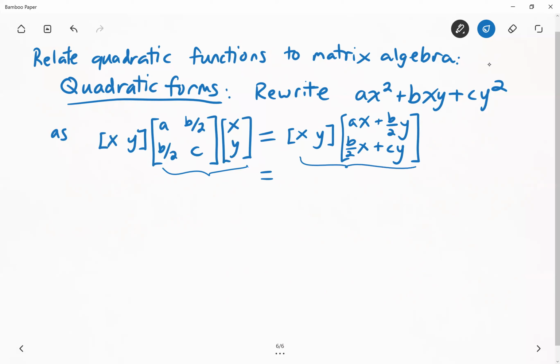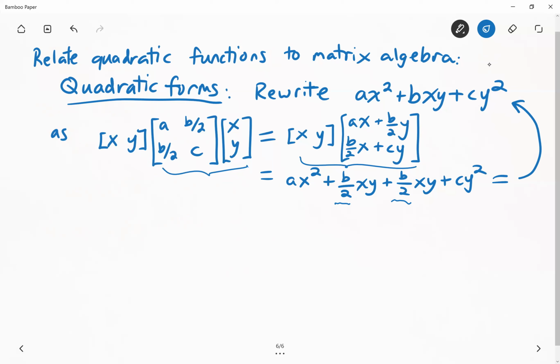And then multiplying together these two terms, we'll get ax squared. And I've got to multiply that x times the entire top there. So b over 2 xy, plus, I need to multiply y times the bottom part of that vector. So plus b over 2 xy plus cy squared. And sure enough, when you add up the b over 2 terms, they're going to combine to give you bxy. And so this is actually equal to the quadratic function.